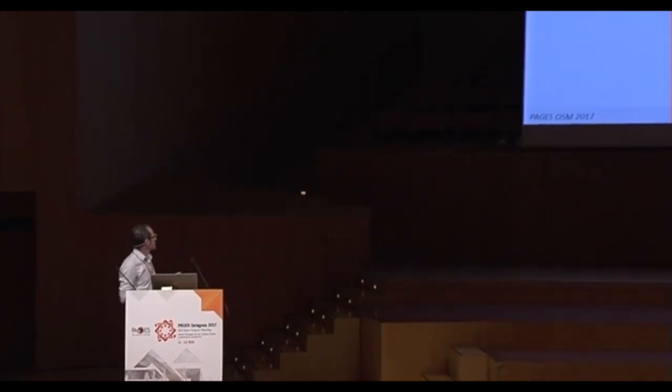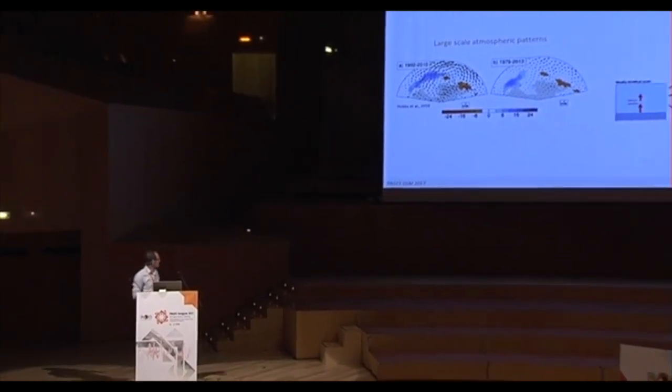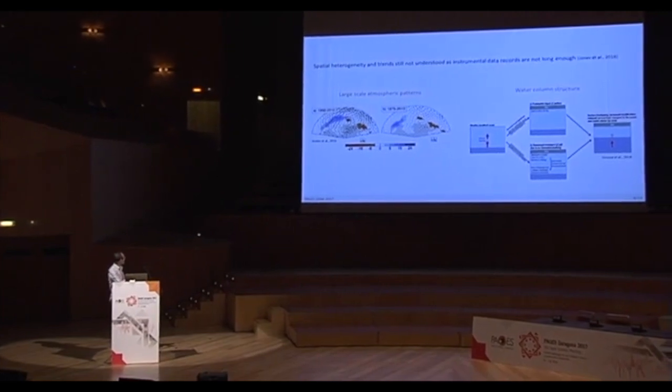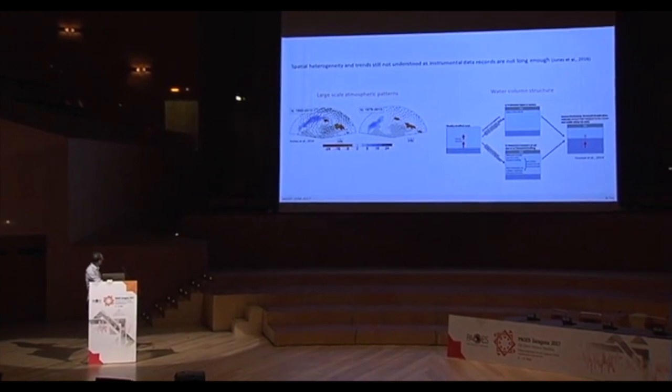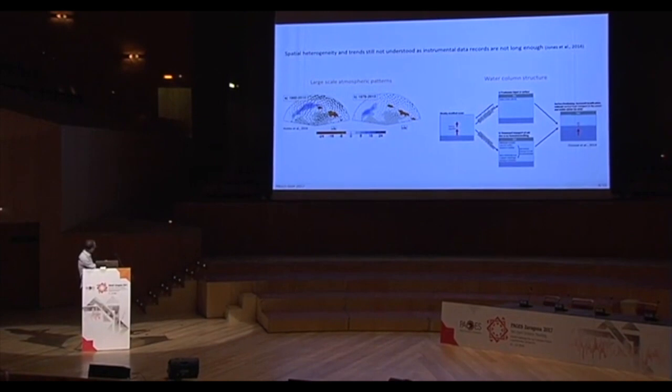And although we don't really know about the spatial heterogeneity and about the trends over the instrumental data, because they're not long enough, we think that large-scale atmospheric patterns, like the input of warm air to the Antarctic Peninsula, or the flow of cool air from the Ross Sea, will increase sea ice here and decrease sea ice over there. A second process is maybe also the vertical structure of the water column, which may decrease the heat content towards the atmosphere.